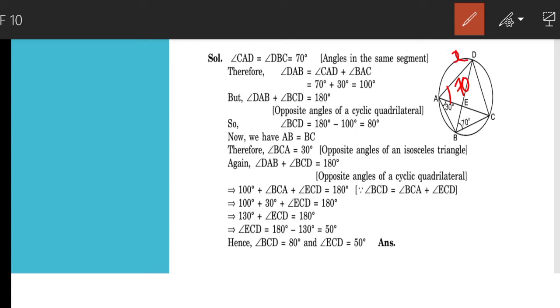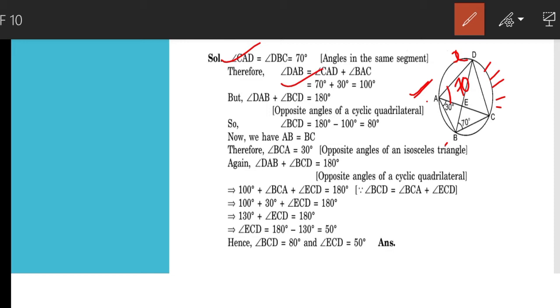If we consider this segment, then angle B and angle A both lie on the same segment. So angle CAD is equal to DBC is equal to 70 degrees. Therefore, we get angle DAB, this full angle A, as 70 plus 30 is 100 degrees.